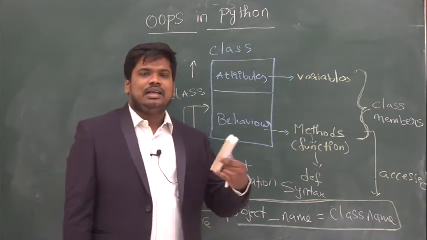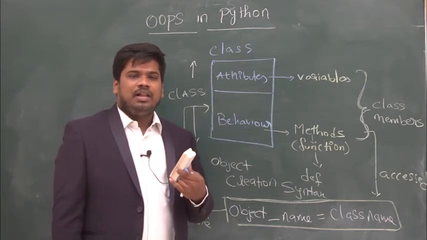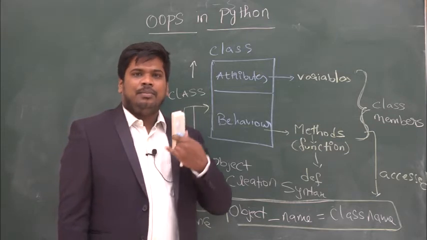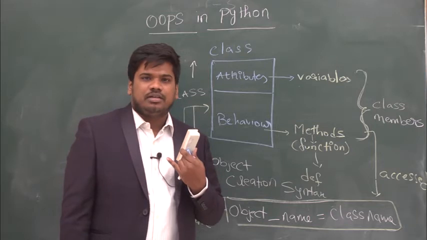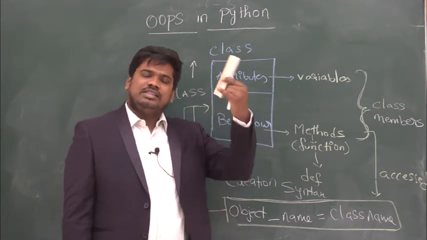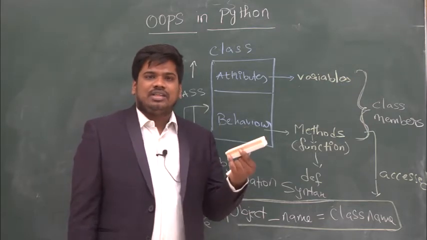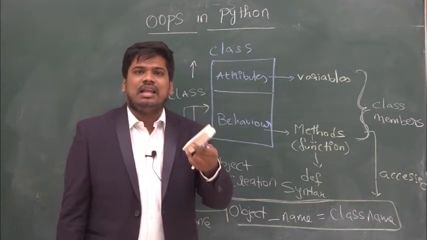If you observe the real world, everything is an object. For example, here I am standing, I am teaching a class, so I am one object. Consider a real world scenario: in a school there is a class, and inside the class there are n number of students.